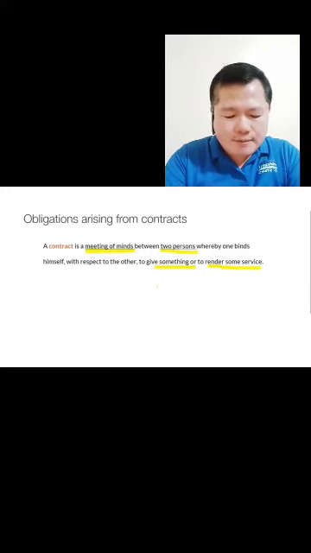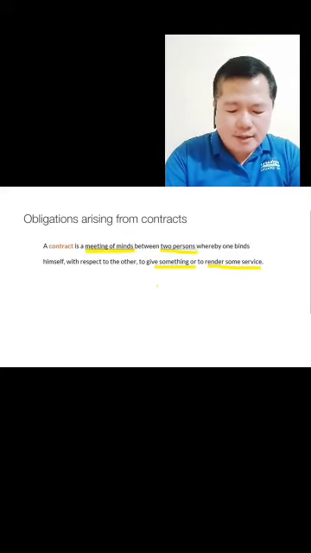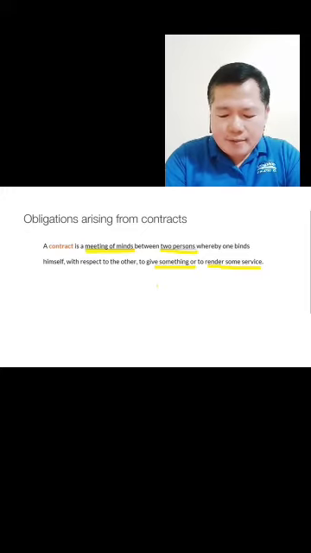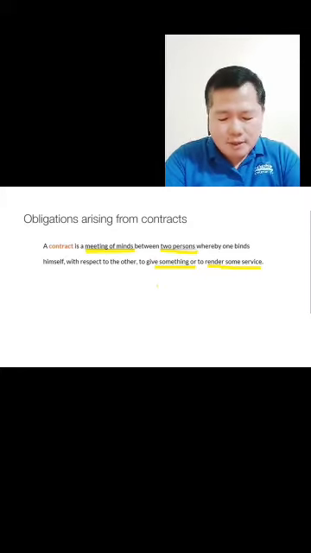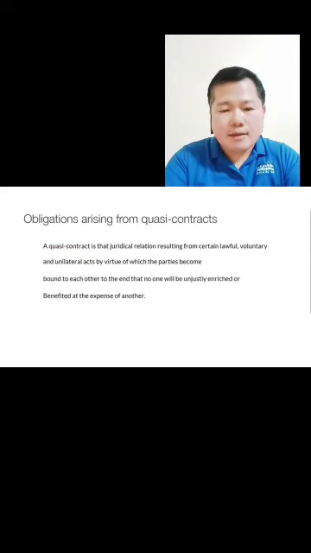For example, you and your friend agree that he will borrow your calculator for 5 days, and after 5 days he will return it to you. You have formed a simple contract. Specifically, that is a contract of commodatum, but we will not discuss it.